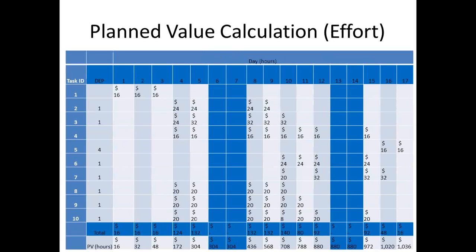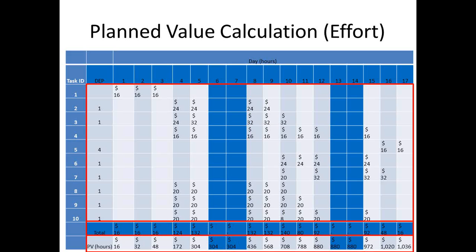So for example, for task ID 1, you spent $18 in day 1, $16 in day 2, and $16 in day 3, and so on. You can see that you're getting a total right at the bottom in the second one. And you're taking a cumulative of the last row, to get a cumulative amount of what you're spending for the project.